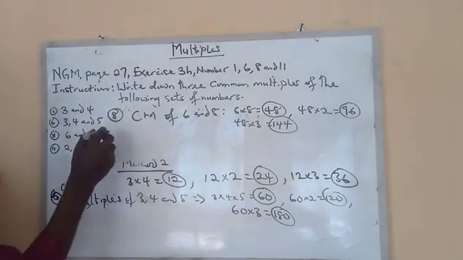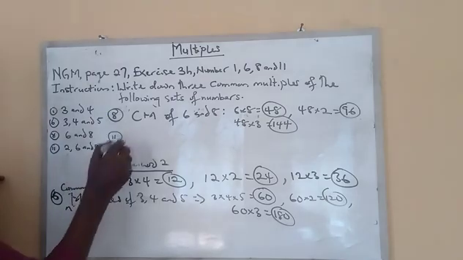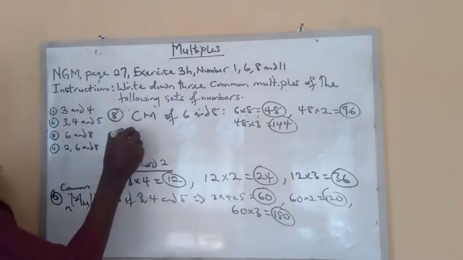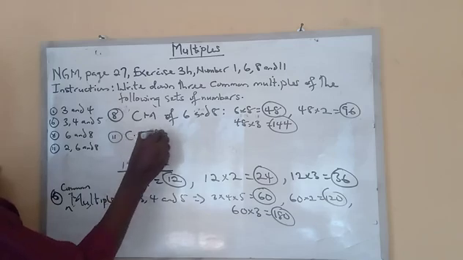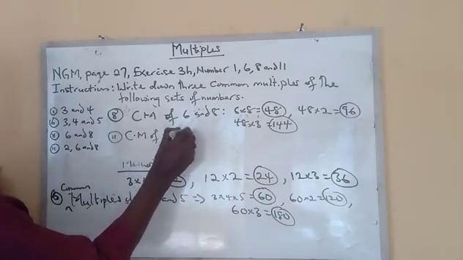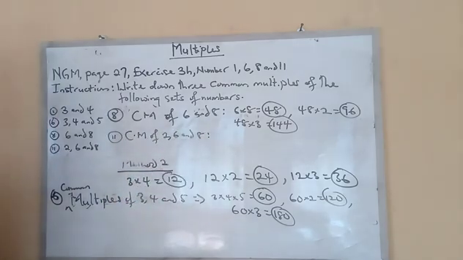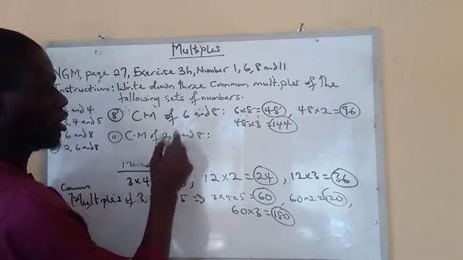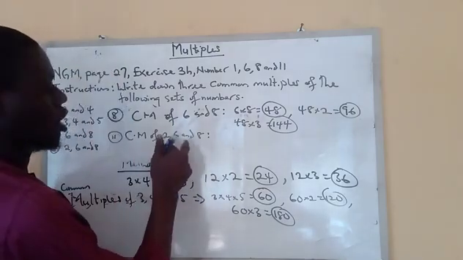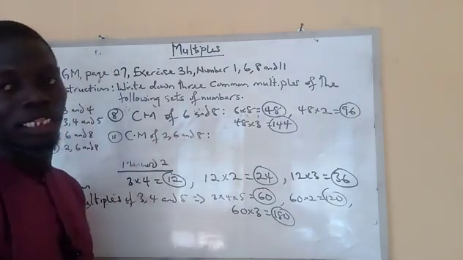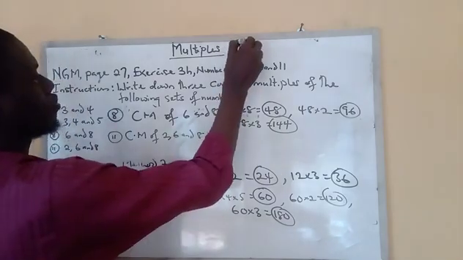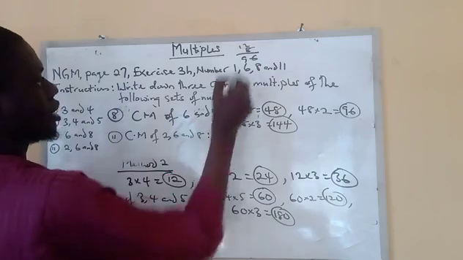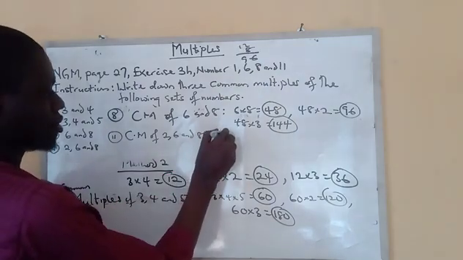The last but not the least, number 11. Common multiples, CM, of 2, 6, and 8. We also multiply everything together. 2 times 6 will give you 12. 12 times 8 gives you 96.